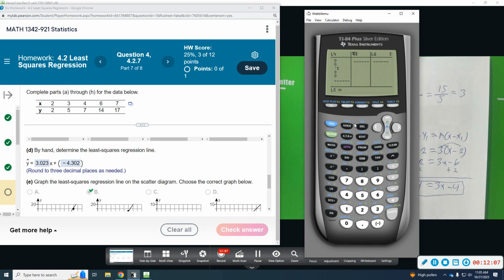So I'm going to say I want L5 to equal 3.023, so that's the slope, times x. X was in L1, second L1, those values minus 4.302.